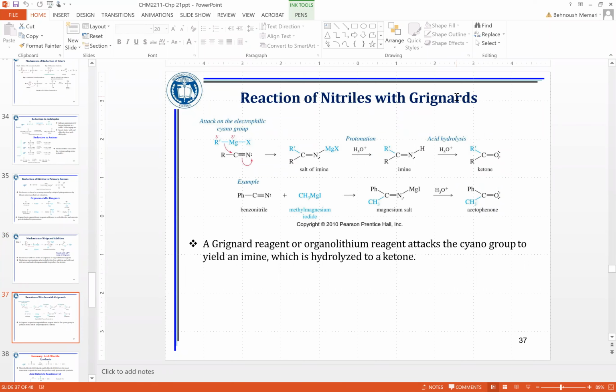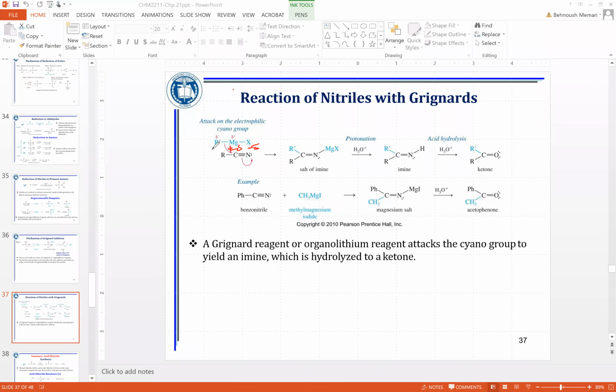Nitriles with Grignards, what happens? The first molecule is going to change to, okay, the nucleophile, so you have a positive and negative charge here.